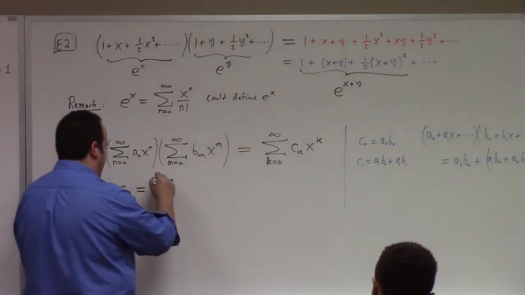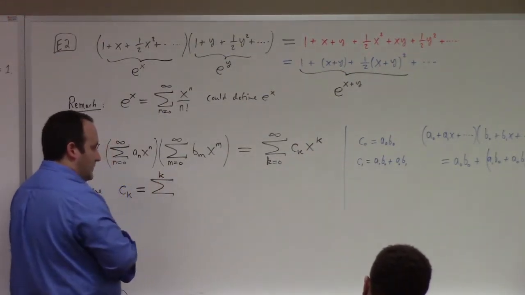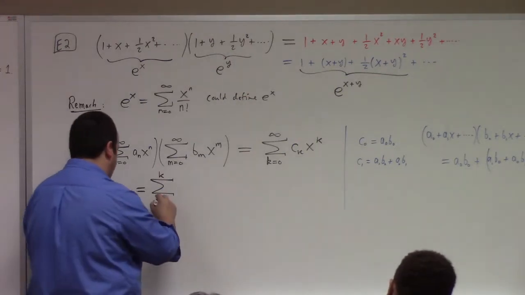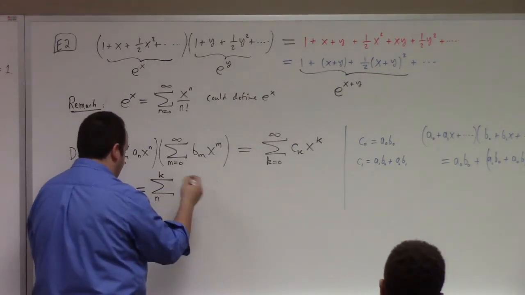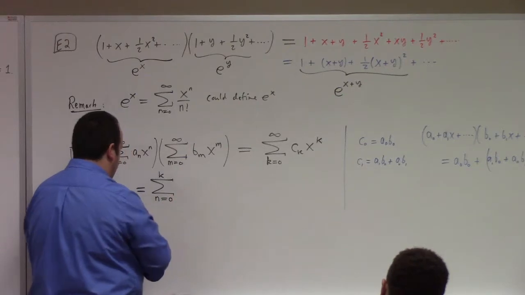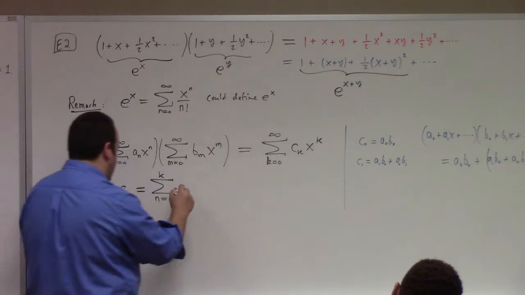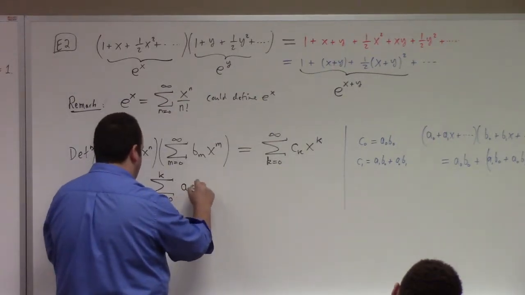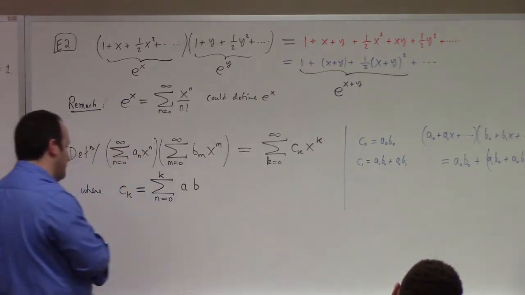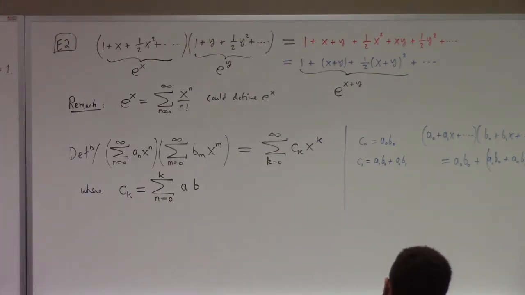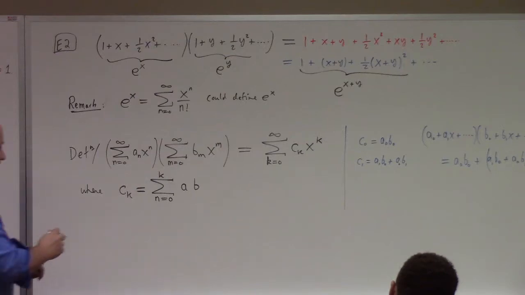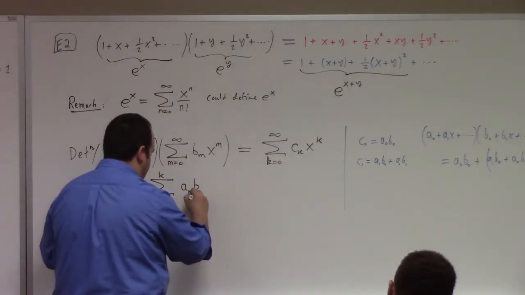I think we're going up to k. And maybe we should say n equals 0 to k, right? And I want something like a sub something, b sub something else. So I want the a to range from 0 all the way up to k, right? So I think I should put an a sub n and a b sub what?